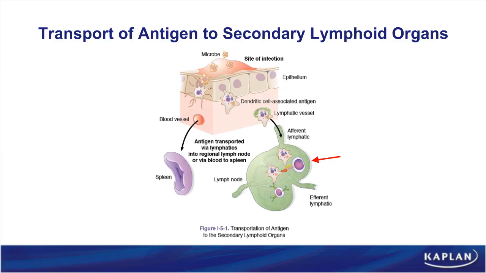We are going to walk through this eventually as it happens through the lymph node, but just keep in mind that antigens that get into the blood will eventually go to the spleen, where we will be having a similar response as far as the cell-cell interactions.